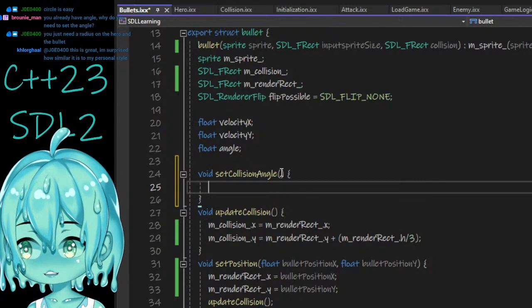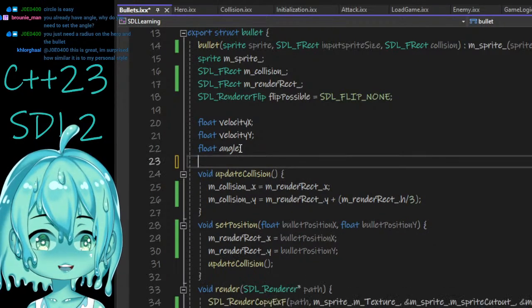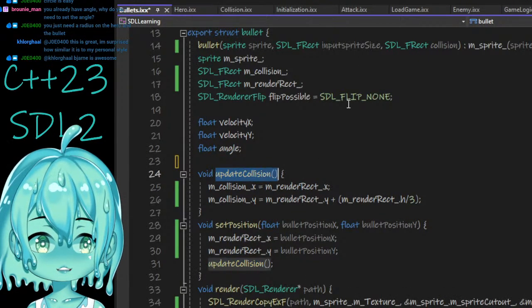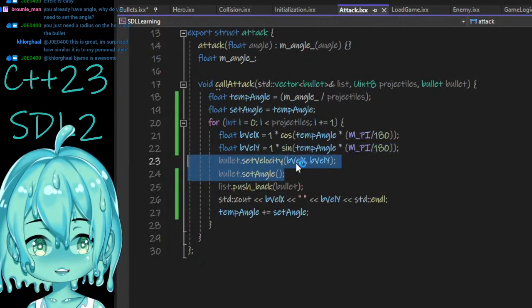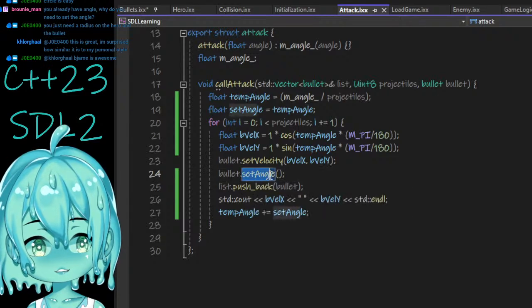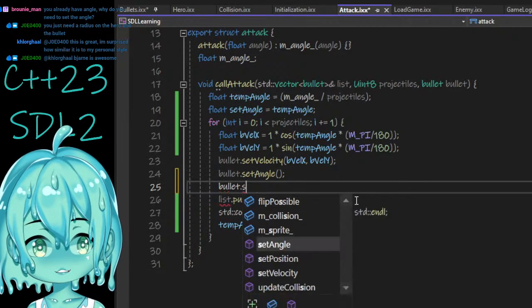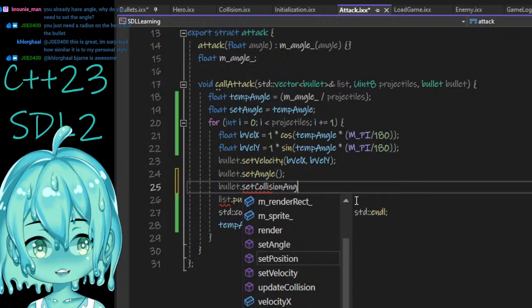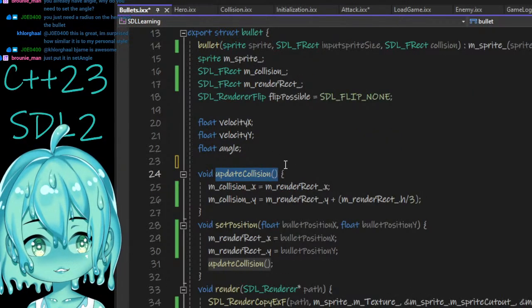You already have the angle, so why do you need to set the angle? Well, not set the angle, but apply that angle to this collision box, and I want to call it in every function for loop. So every single bullet gets, we set the angle and then we apply it, like bullet set collision angle or something like that. That's my idea behind it.